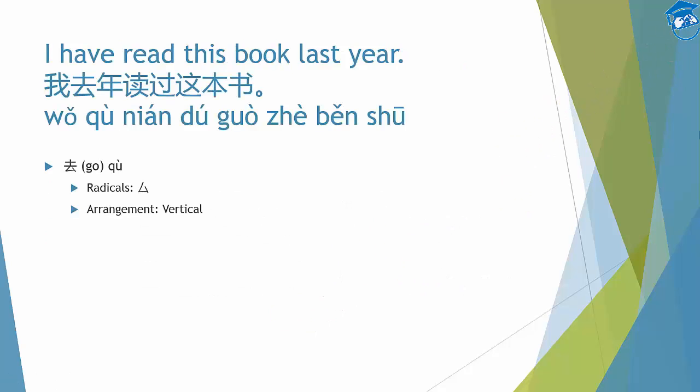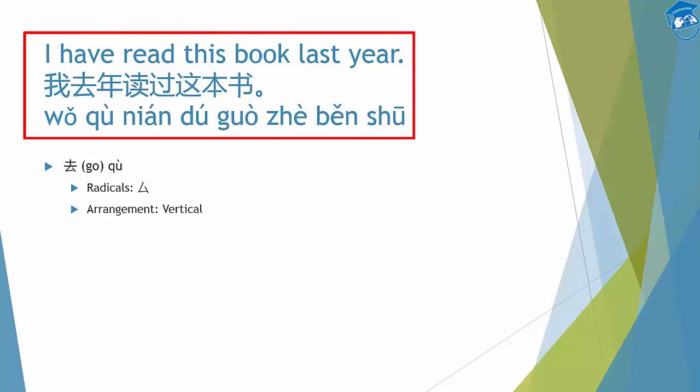Okay, this will be the last slide you learn from. So the sample sentence I have here is, I have read this book last year. 我去年读过这本书. So as I promised, I will show you how to write this word. But before that, let's look at the radicals and the arrangement.